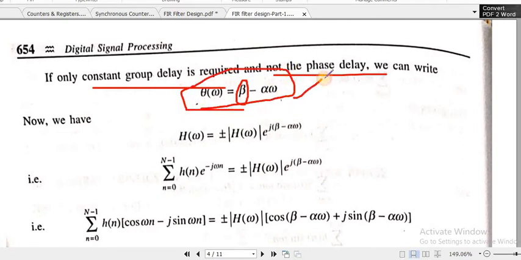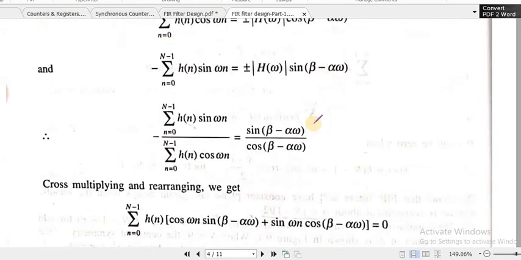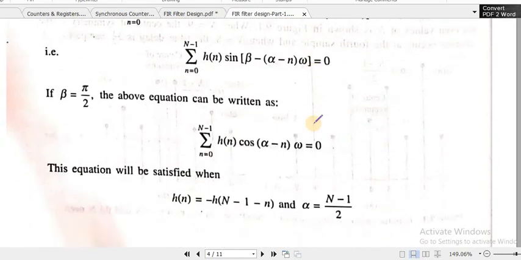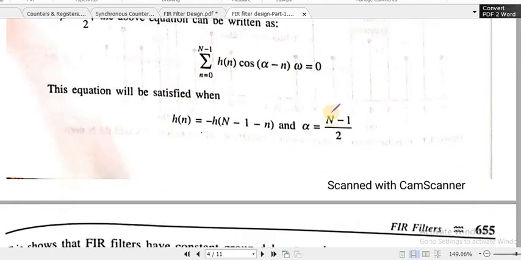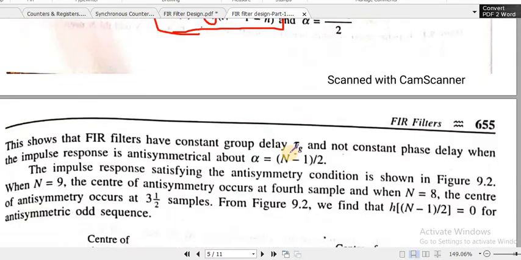If I apply this equation and do all the same things we have done previously, we will land on this equation. And you can say that this equation is true if the impulse response is anti-symmetric. This negative sign is the indication of anti-symmetricity.